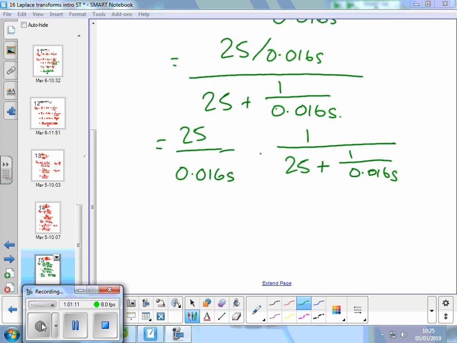Yeah, but you can't write that now because you got that there. That's only 0.016 over 0.016s once you've done this multiplication, isn't it? Yeah. So the answer. Do you see what I mean? So that's 25.